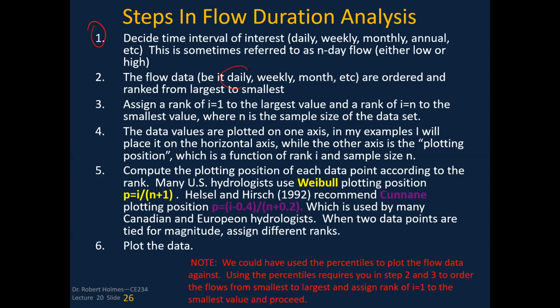If we think about the daily data, we go get that flow data, and we order them, ranked from largest to smallest. We assign a rank of 1 to the largest value, and a rank of n, where n is the total number of data points you've got, to the smallest value.